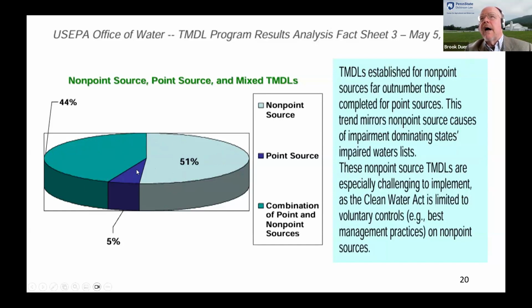And then a little sliver were point sources only. This is where, essentially, the sewer treatment plants and the city systems, the government systems, et cetera, as well as all the industrial point sources, fall. So you see the problem as it was up to 2009.